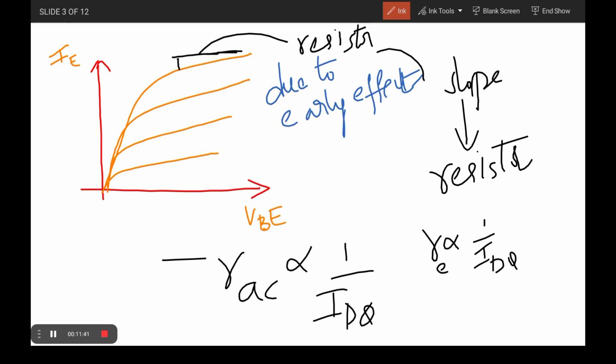So that is also very important. RE represents the emitter resistance.